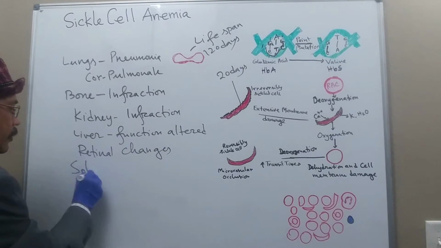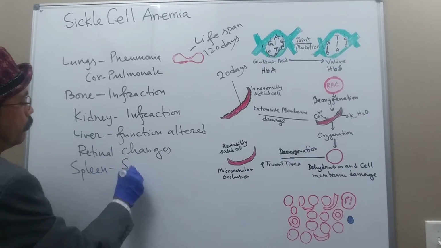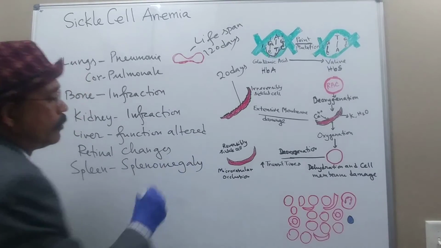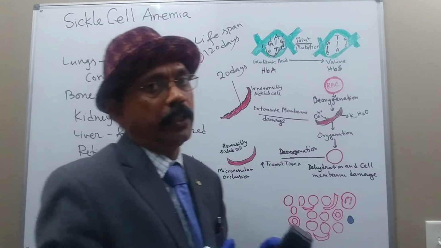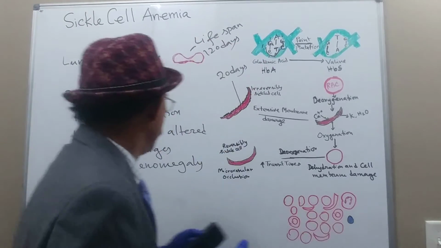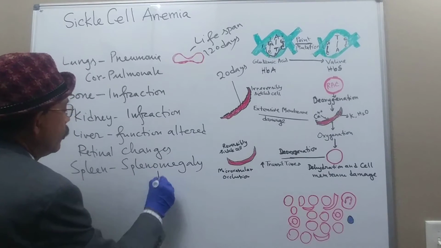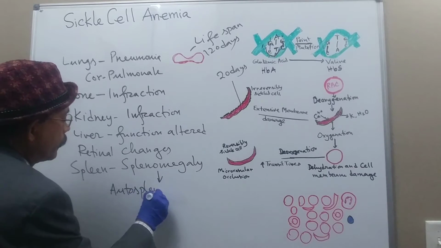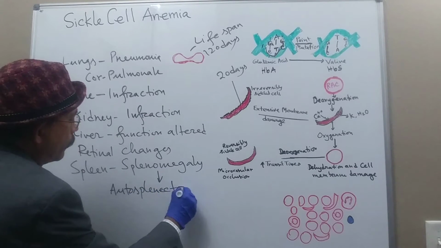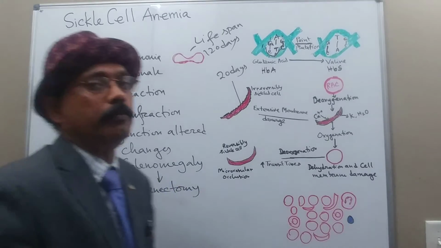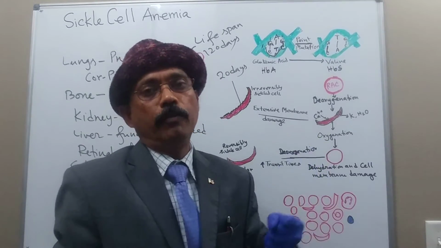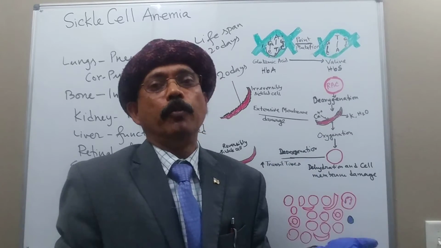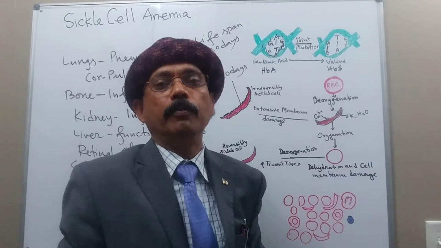Spleen. Initially, they may have splenomegaly. Due to sequestration of blood there may even be hypovolemia. Eventually, there will be autosplenectomy. So the spleen will disappear. We'll get only a few fibrous bands of tissue in the spleen, especially after puberty. No spleen may be palpable.